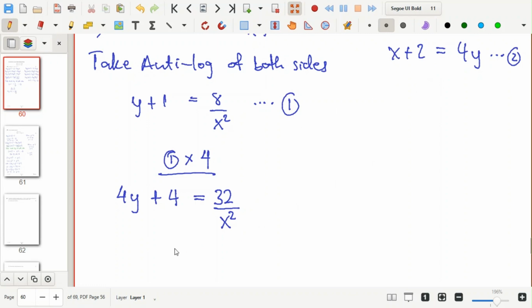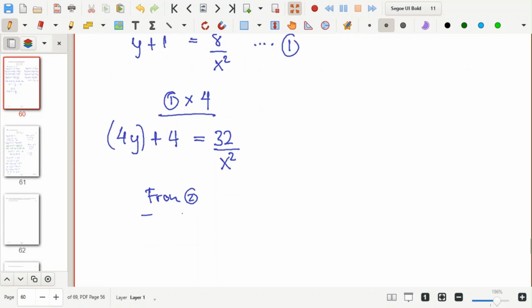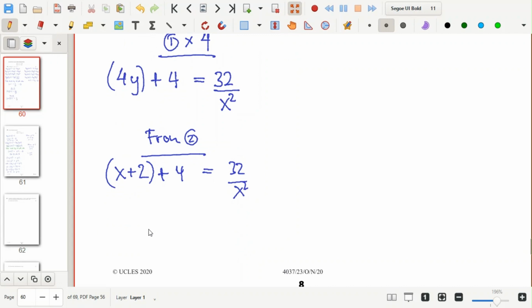Don't forget, you say that 4y is equal to what? This expression, that is x plus 2. So this is the same as x plus 6 is equal to 32 on x squared.